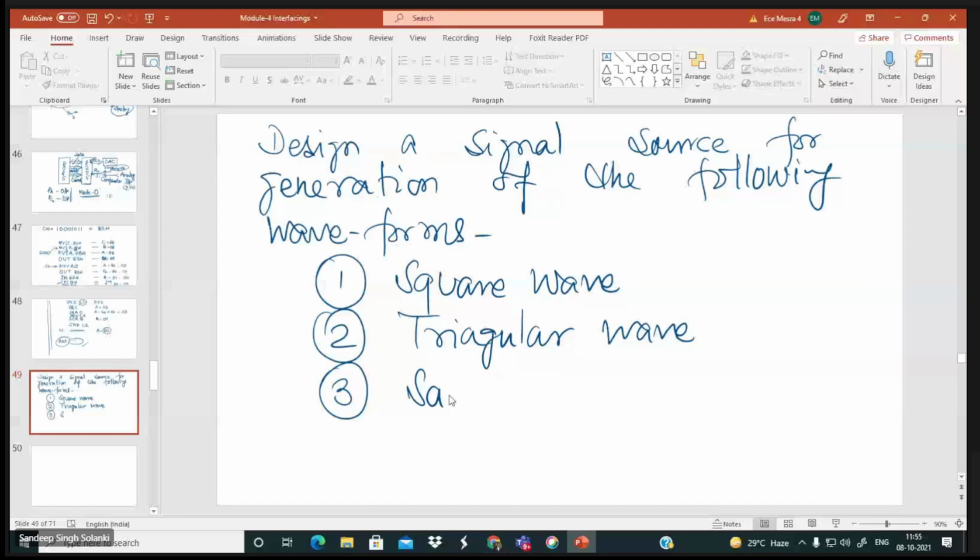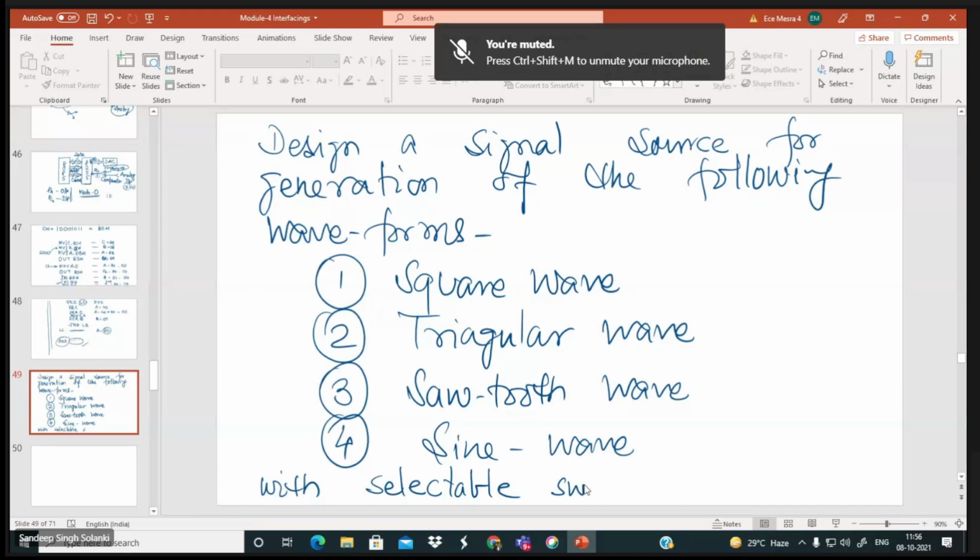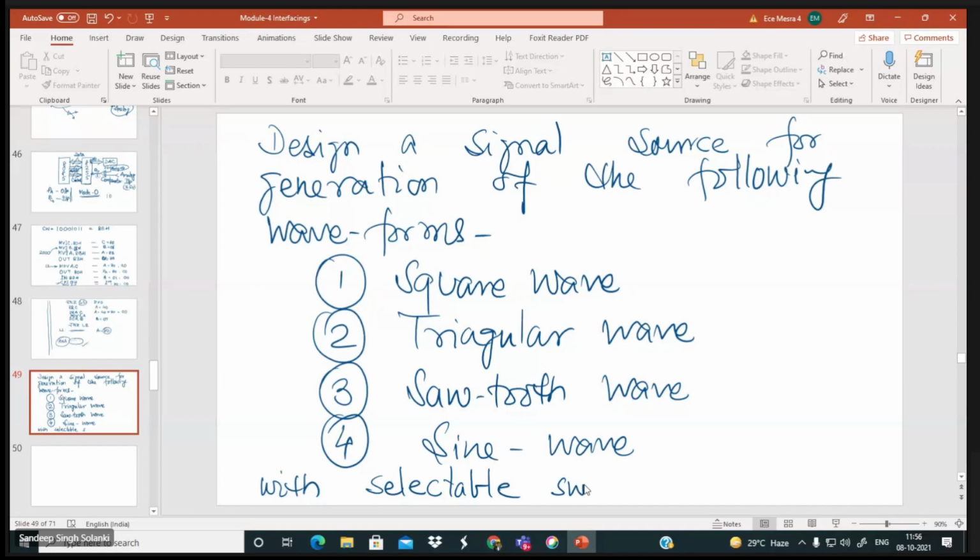Okay. With selectable switch for the waveform and frequency.